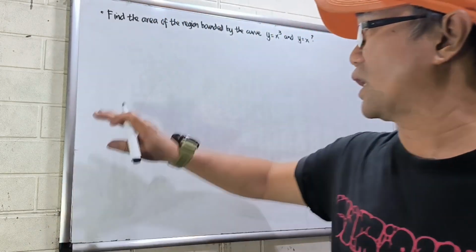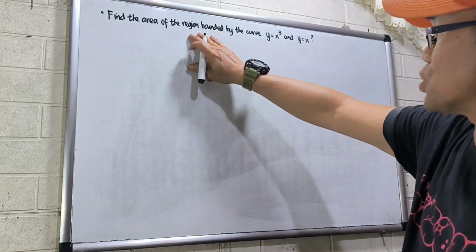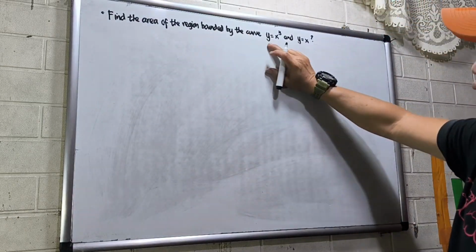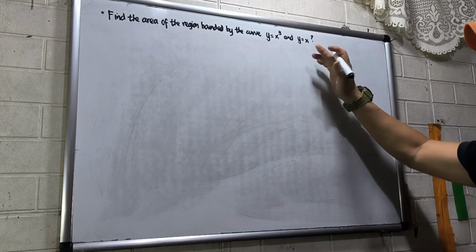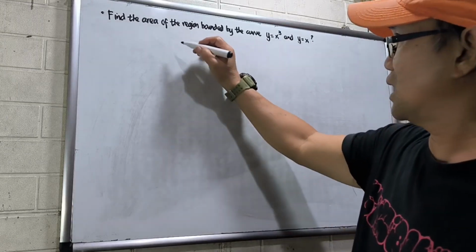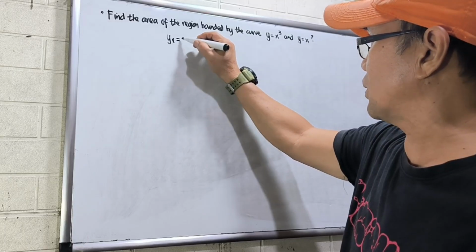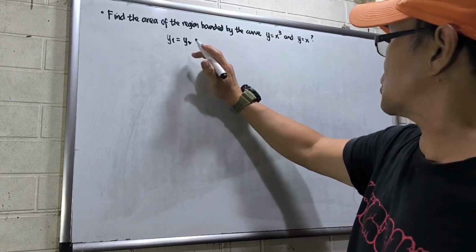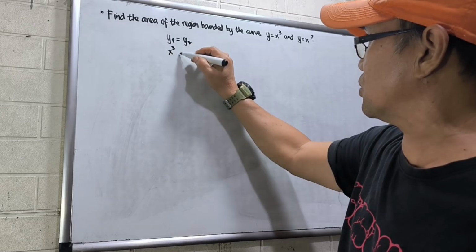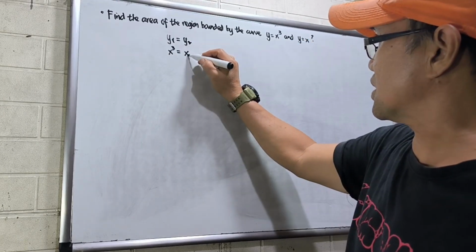On the board I have: find the area of the region bounded by the curve y equals x cubed and y equals x. As I mentioned in my introduction, the curve will be y1 and the line is y2, so plug in: x cubed equals x.